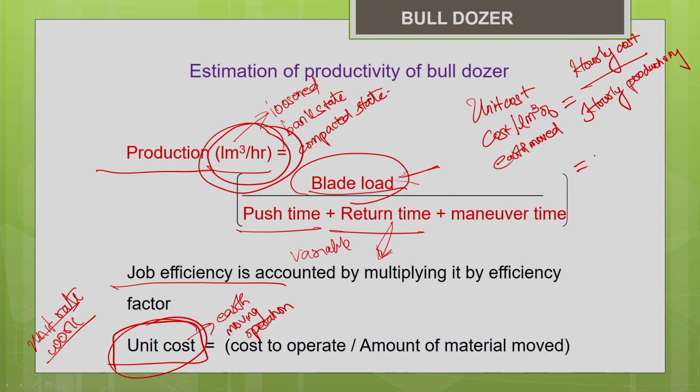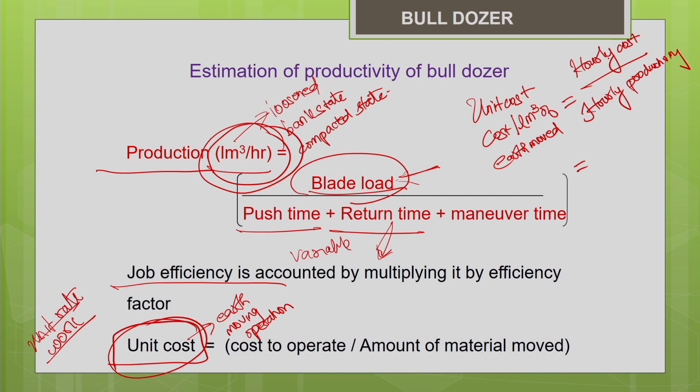By now you should know how to estimate the cost associated with the machine. I have dedicated so many lectures on how to estimate the ownership cost and operating cost associated with the machine, so you can refer to those lectures again. You have to add all the components, the ownership and operator costs, to get the cost per hour.